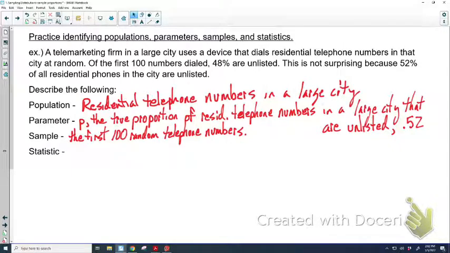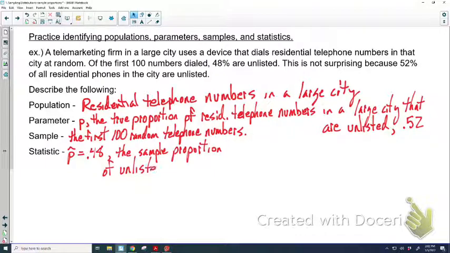This isn't a measurement, a statistic. The statistic is the proportion of unlisted, 0.48. The sample proportion of unlisted numbers.